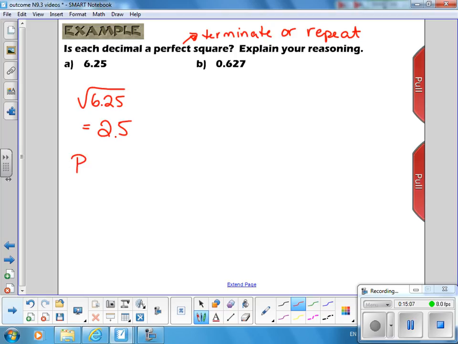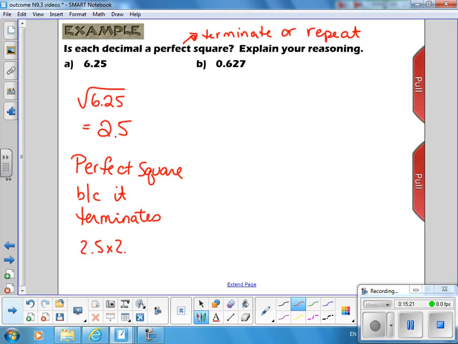So therefore, this is a perfect square. And the reason is because it terminates. 2.5 times 2.5 is 6.25. It's not approximately 6.25, it is 6.25.